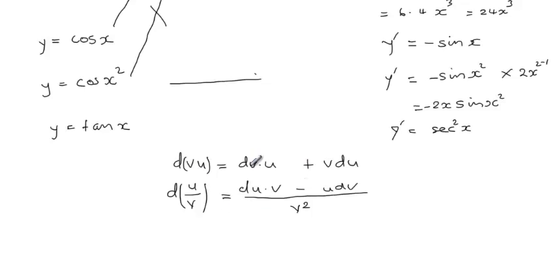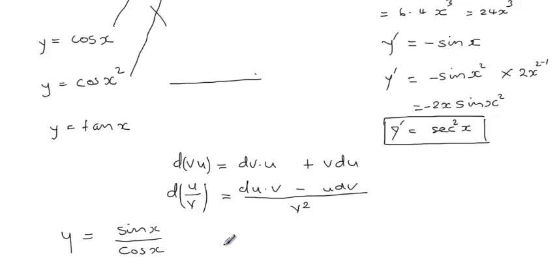Then in addition to the chain rule and this, you must be able to differentiate anything now. Let's say I had forgotten this, and I don't have a table which is going to do it. But what do I know? I know that tan x is equal to sine x over cosine x.